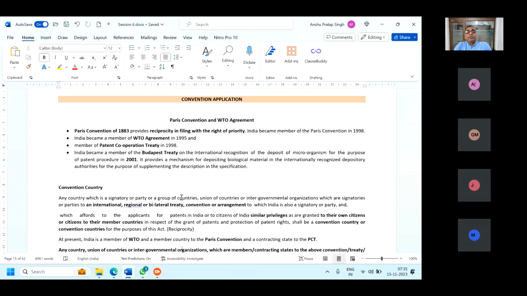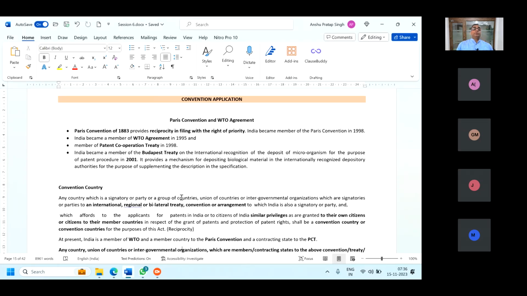Right of priority is that if within a certain period you file in my jurisdiction, I will recognize the right of priority. That means I will check your novelty and inventiveness with respect to that date of priority, so that the existing base application which was filed earlier should not become a ground for rejection in my jurisdiction.